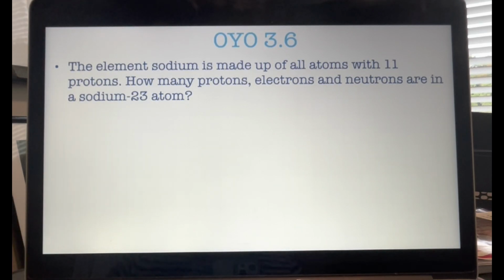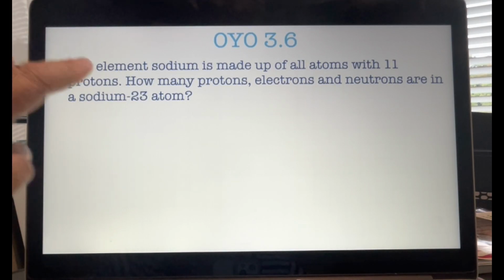All right, on your own. The element sodium is made up of all atoms with 11 protons. How many protons and electrons and neutrons are in a sodium-23 atom? All right, so we know there are 11 protons in sodium. That means we automatically know that there are 11 electrons. So how do we figure out how many neutrons are in there?